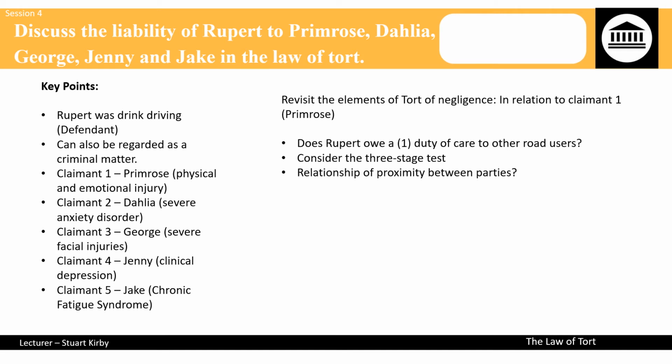For example, is there proximity between the parties? If you consider that the road is shared by motorists and pedestrians, it's worth noting that pedestrians have a responsibility for their own safety on the road, and they are advised to be more careful if they're crossing at assigned crossing points, like zebra crossings and traffic light crossings.